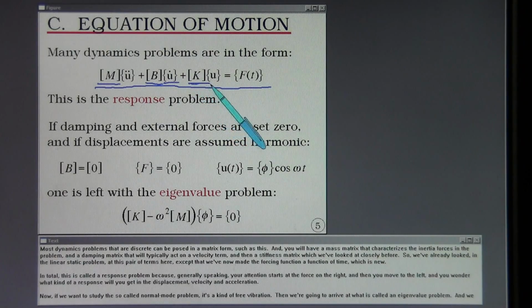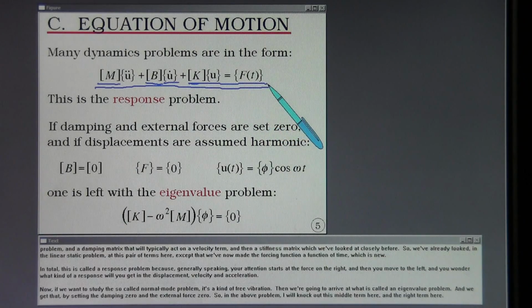So we've already looked in the linear static problem at this pair of terms here, except that we've now made the forcing function a function of time, which is new.